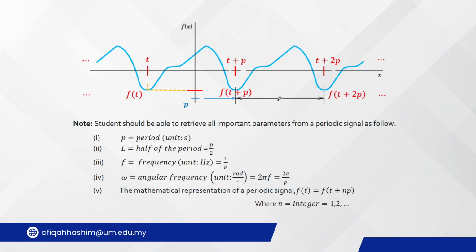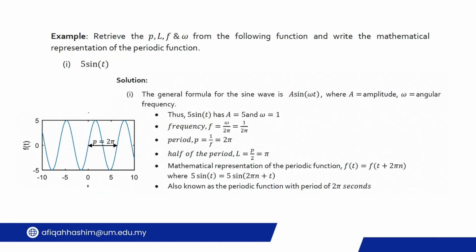So for example, the question asks you to retrieve the period P, half of the period L, frequency and angular frequency from the following function, and write the mathematical representation of the periodic function. It's given that the function is 5 sine t.